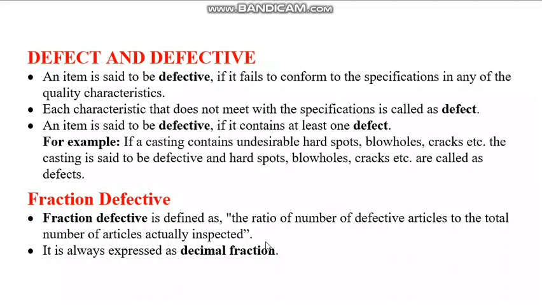Now the ratio of defective articles to total inspected articles is 3 upon 10. This is the fraction defective. 3 upon 10 is 0.3. Now 0.3 is the fraction defective, and it is always expressed as a decimal fraction.